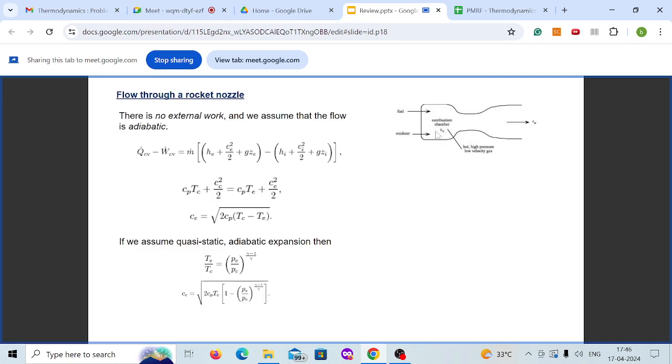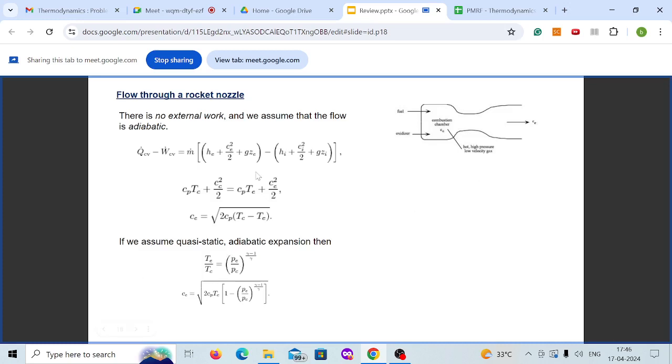If my nozzle entry is from the combustion chamber, I'll use that Hi and Ci as the energy at entry to the nozzle, and exit is denoted by E. Enthalpy is nothing but Cp into T, and from this we can estimate the exit velocities of the fluid or the rocket.